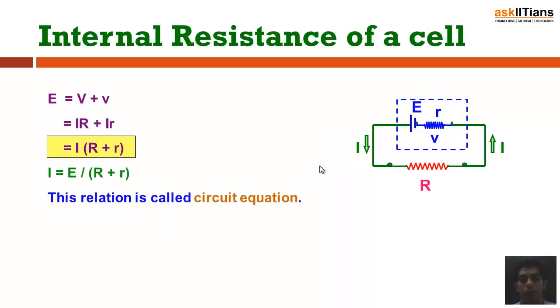So E here is the electromotive force, capital V here is the potential drop across these points, that is across the external resistance R. Small v here is the drop across the internal resistance r.